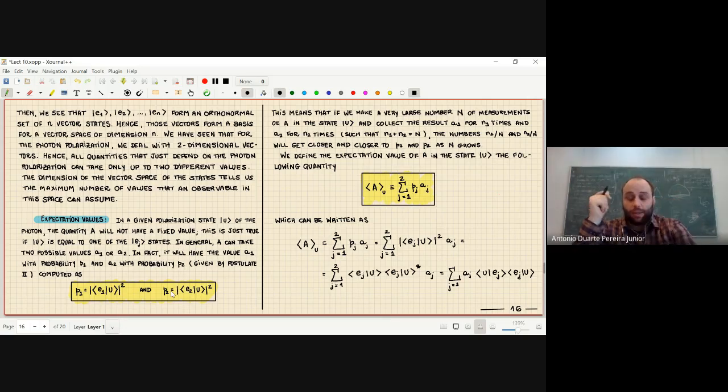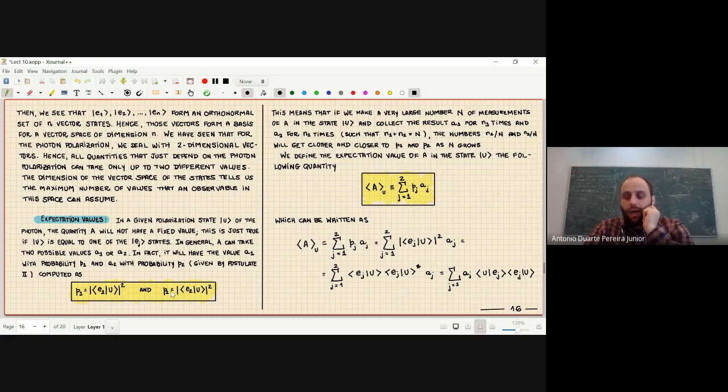next week. So I know that if I measure the observable A, I get two possible values, and those are A1 and A2.